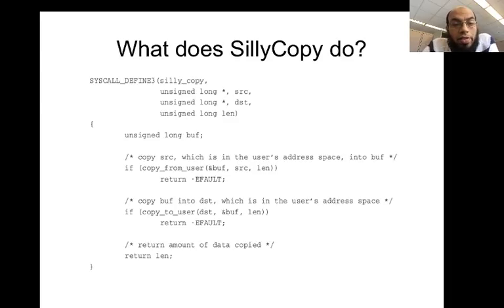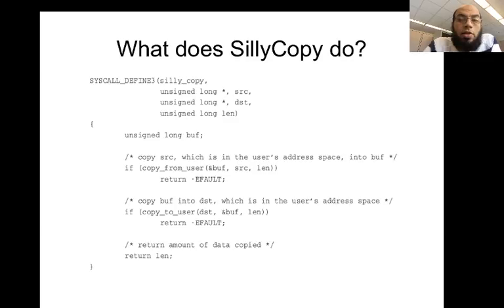And then you'll copy from the user the arguments that he has provided to the kernel. So to get the arguments, you copy from user the source and the len, and you copy them into a buffer.